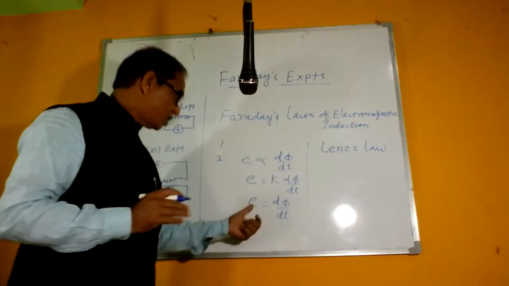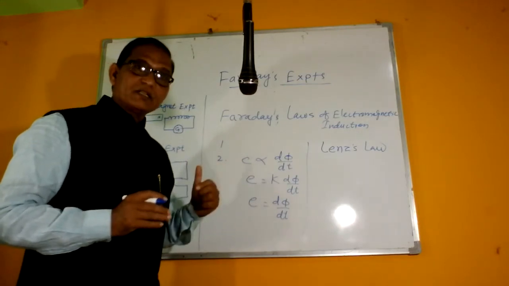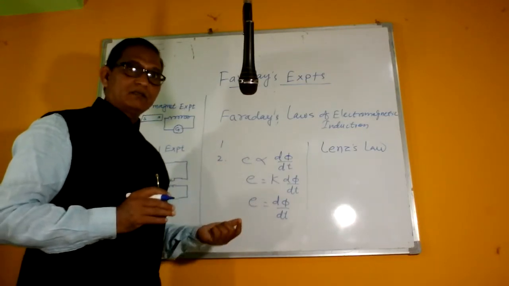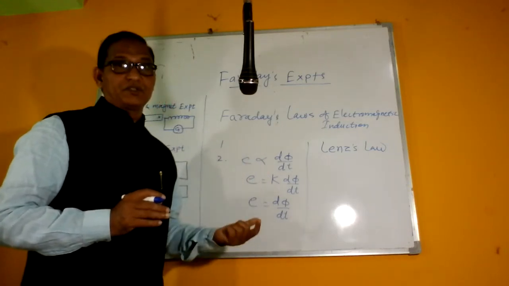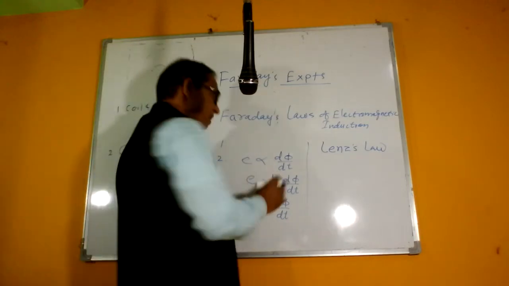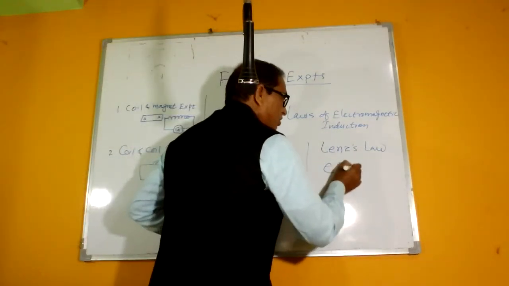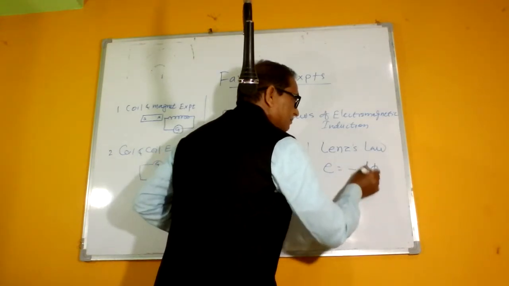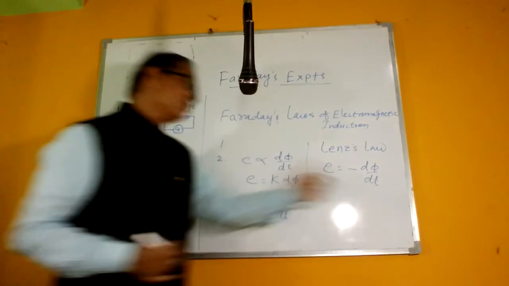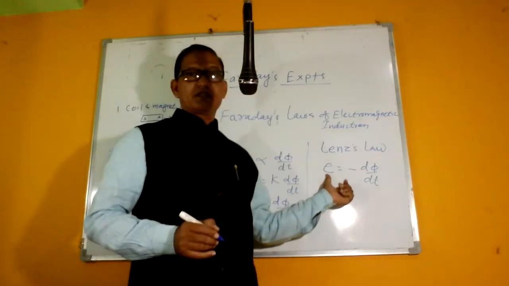The statement of Lenz's law is that the induced EMF produced in the circuit is such that it opposes the change of the magnetic flux which produces it. If we combine the second law and Lenz's law together, we get E equals minus d phi by dt.